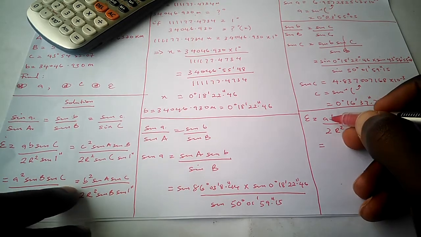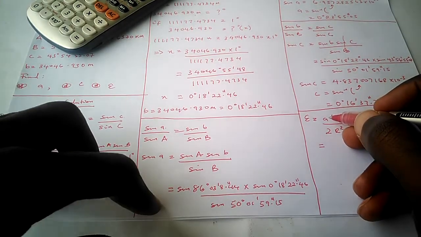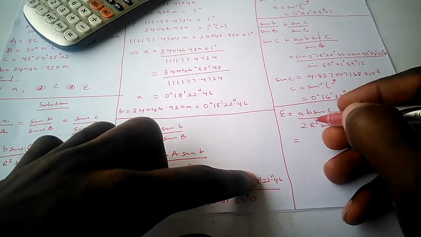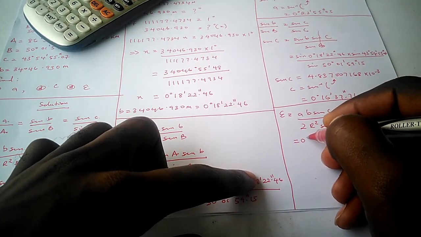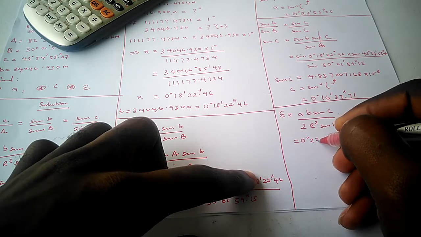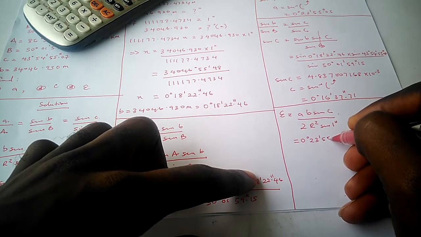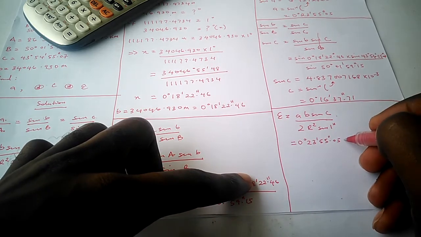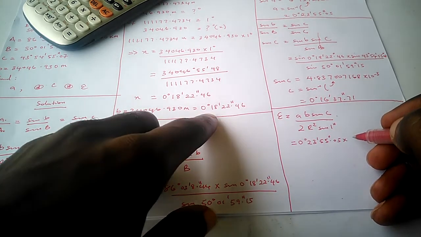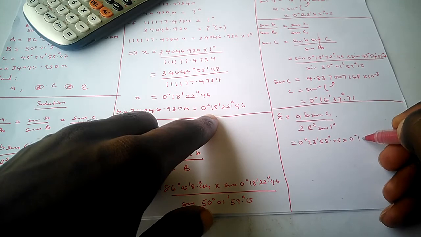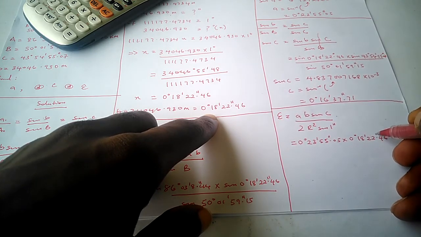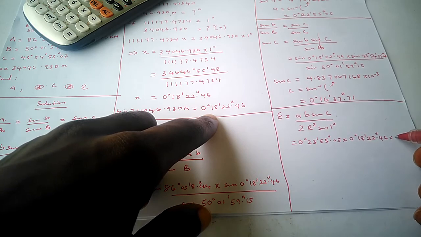The A we computed here is 0 degrees 23 minutes 55.05 seconds, times the B, 0 degrees 18 minutes 22.46 seconds, times sine C.